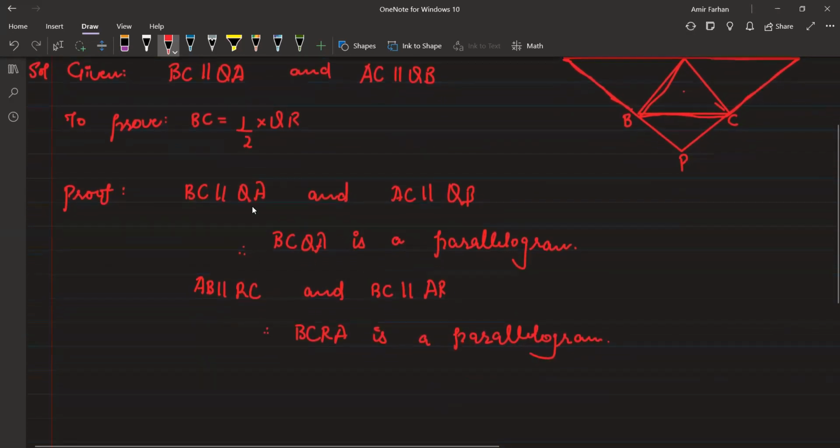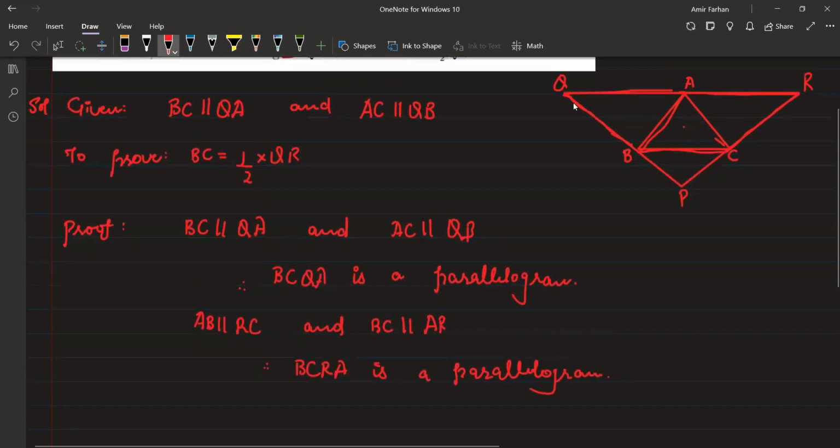Okay. So from this parallelogram BCQA, can I write BC and QA are equal, because the opposite sides are also equal in a parallelogram? Second property of the quadrilateral chapter. Yes. Opposite sides of a quadrilateral are equal if it's a parallelogram.